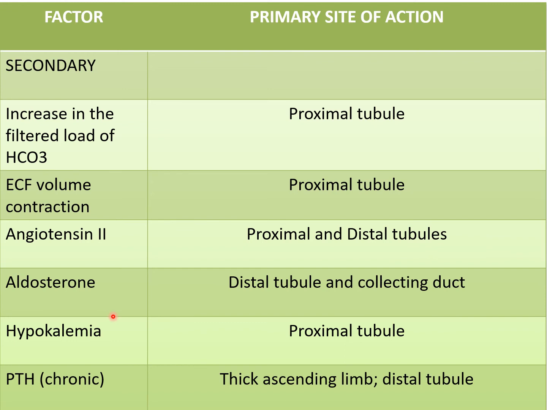The aldosterone hormone will be affecting the distal and collecting duct. The condition of hypokalemia will stimulate the secretion of hydrogen in the proximal tubule, as with the chronic state of hyperparathyroidism, wherein increased level of your parathyroid hormone will influence the secretion in your thick ascending limb and your distal tubule.